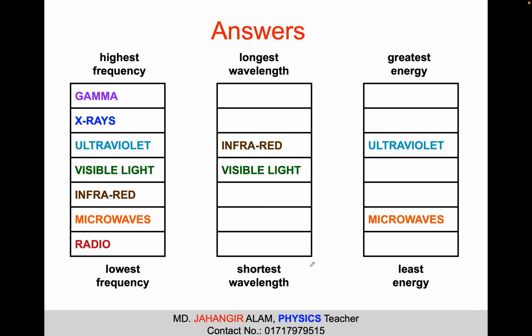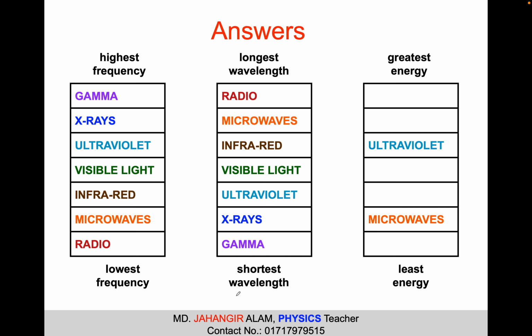Radio is the lowest frequency, and the longest wavelength is radio waves, then microwave, then infrared, visible light, ultraviolet, X-ray, then the shortest wavelength is gamma.